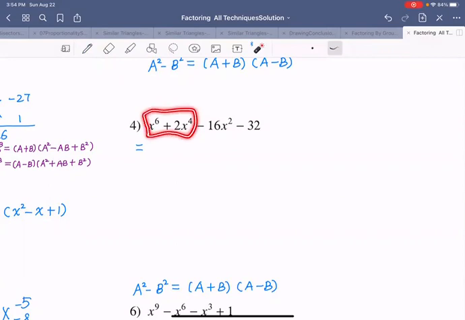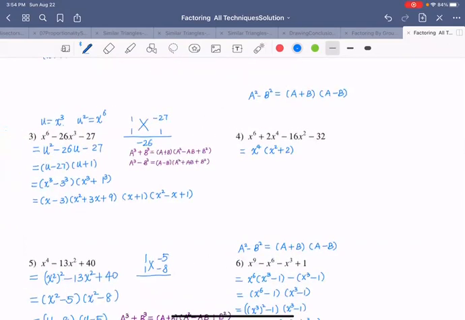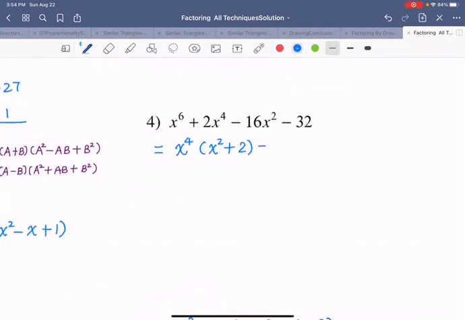Who are the common factors? Common factor x to the power of 4, then x squared plus 2. And then this one, minus 8. Not 8, 8 is not the biggest. Try minus 16. There you go.